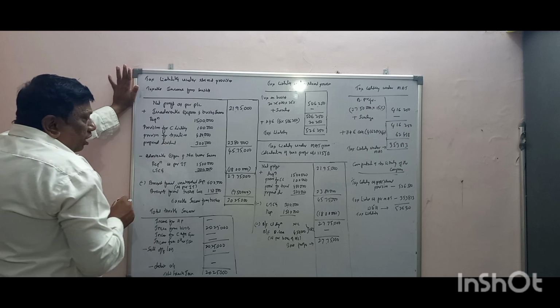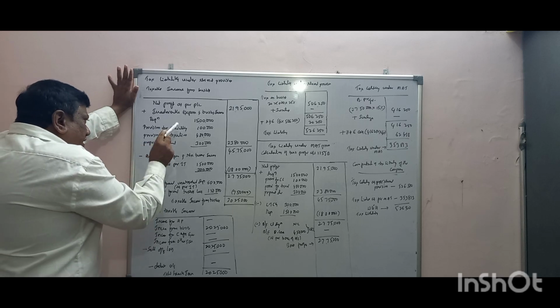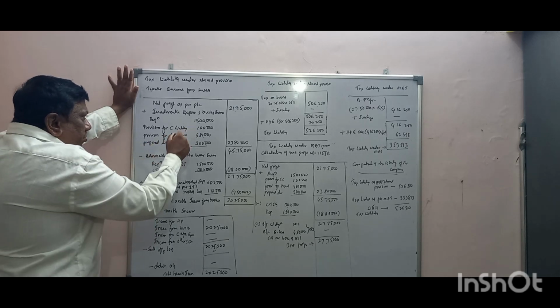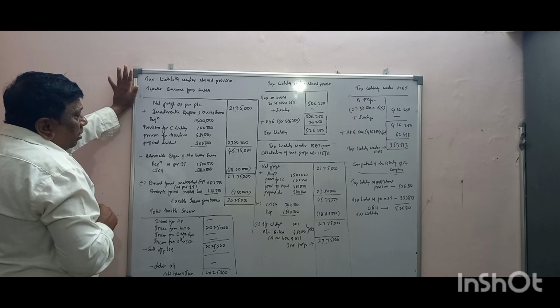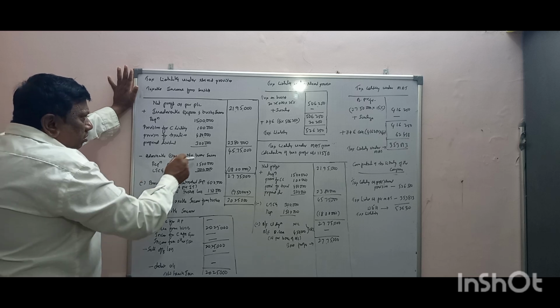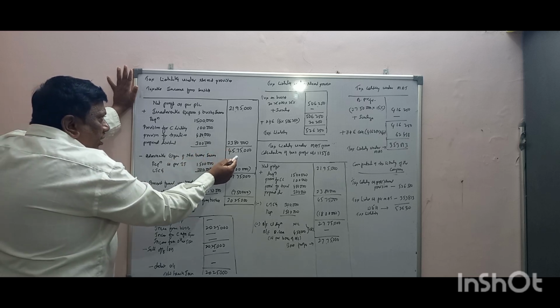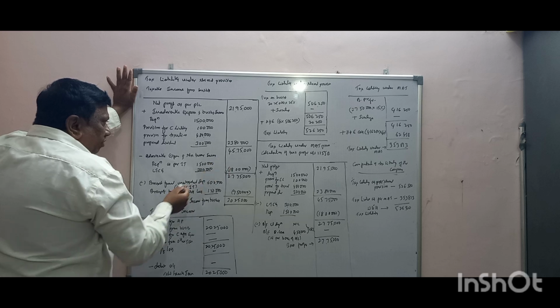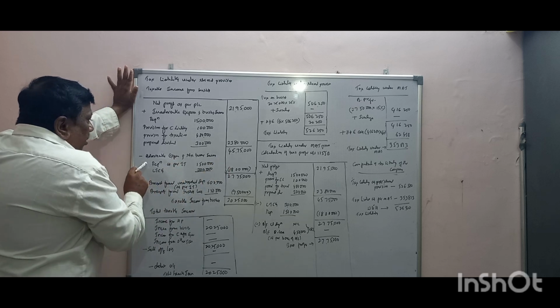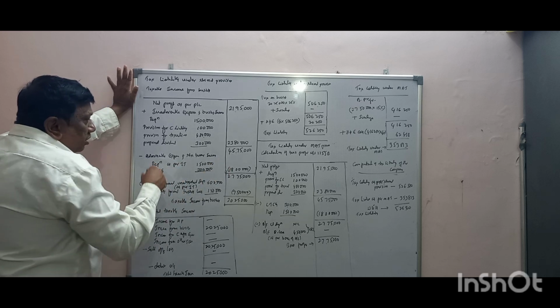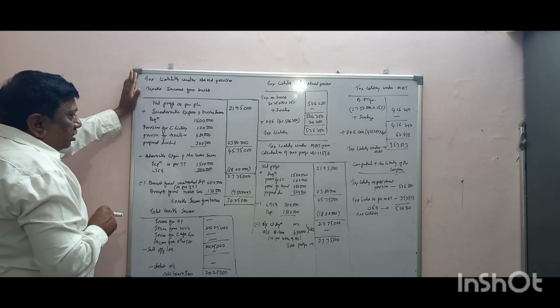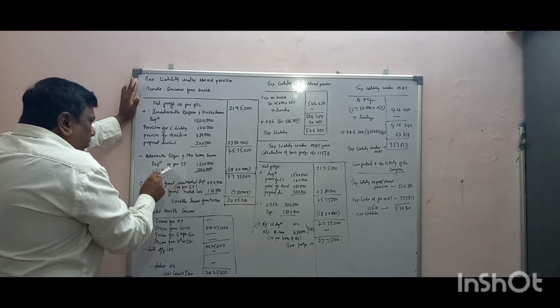Provision, as I said, is not related to business. Provision for taxation and proposed dividends, these four are inadmissible. If I add, the total should be 45 lakh 75,000, the inadmissible expenditure not given in the profit and loss account, and non-business income we are going to subtract.